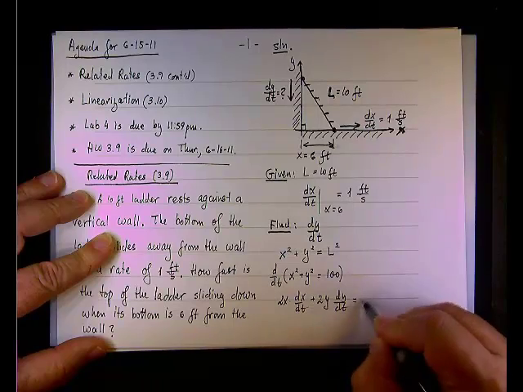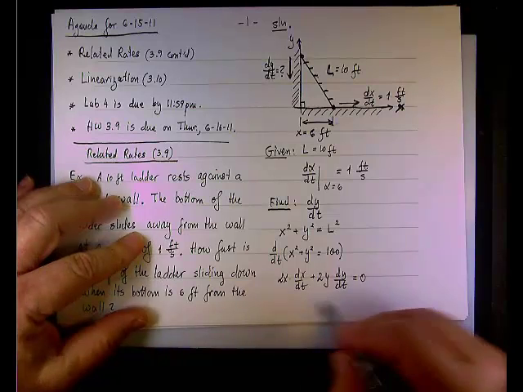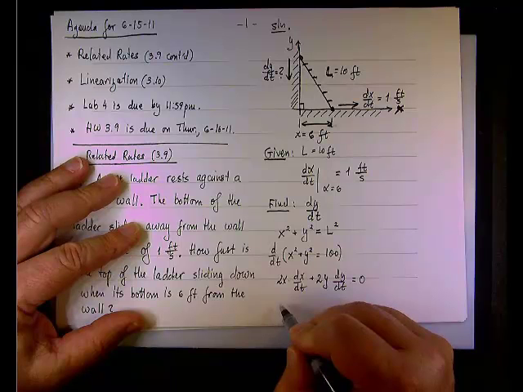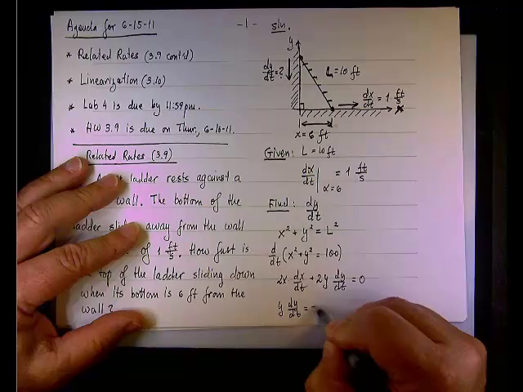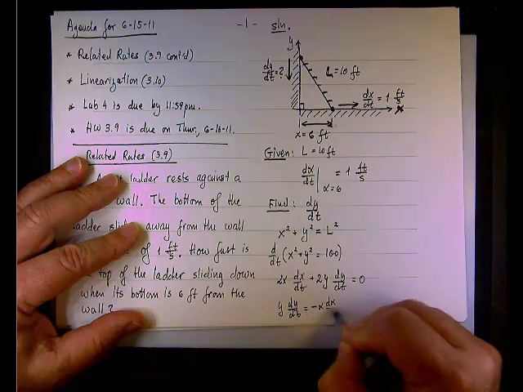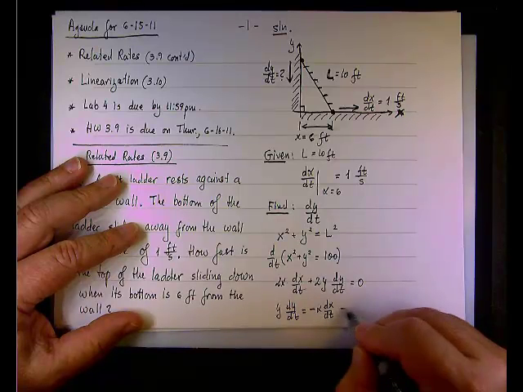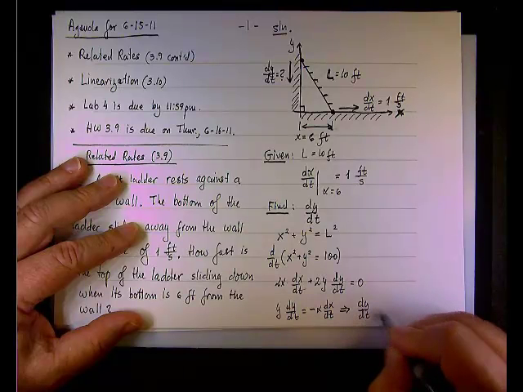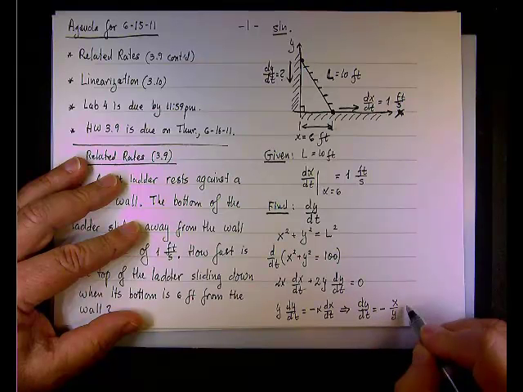And of course, the derivative of 100 is 0. Solving this, reducing by 2, you have y dy/dt equals negative x dx/dt, and therefore dy/dt equals negative x over y times dx/dt.